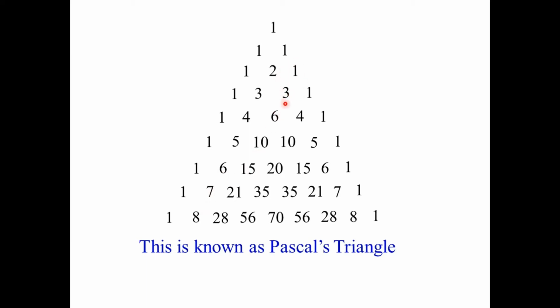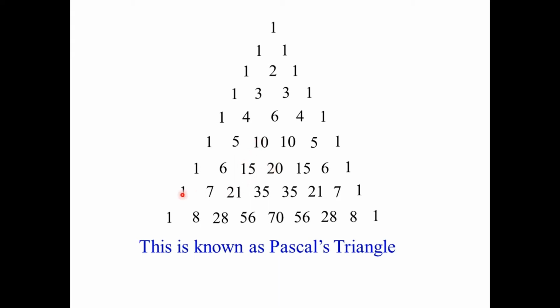Another observation is adjacent numbers in this diagonal add up to perfect squares. 1 plus 3 is 4, and that's 2 squared. 3 plus 6 is 9, and that's 3 squared. 15 plus 21 is 36, and that's 6 squared. Pick any two numbers in this diagonal that are beside each other, and they add up to a perfect square. 15 plus 10 is 25, and that's 5 squared.